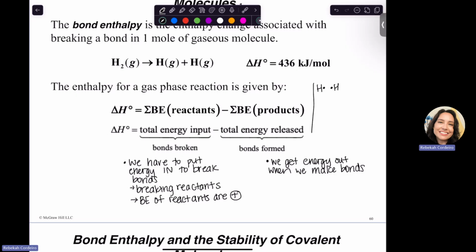If we think about a potential energy diagram, this is potential energy. H H would be a high potential energy. Then H2, making that bond, is a lower potential energy. So when we make that bond, we lose potential energy because it becomes more stable.